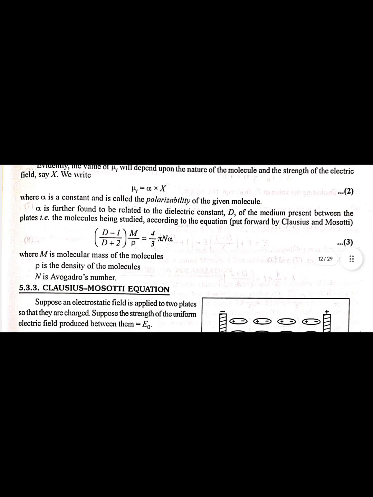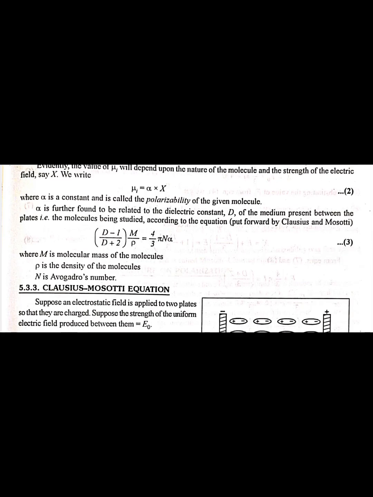Evidently, the value of mu I will depend upon the nature of the molecule and the strength of the electric field, say X. We write mu I = alpha × X, second equation, where alpha is a constant and is called polarizability of the given molecule.